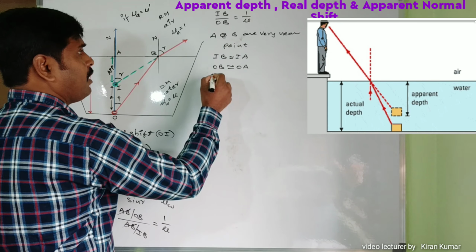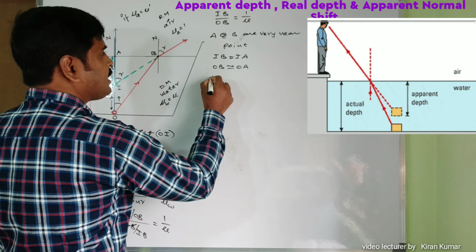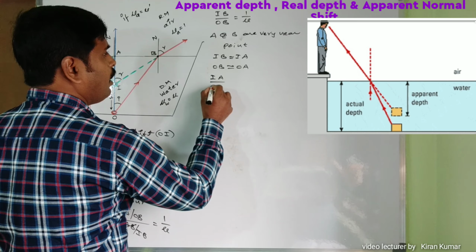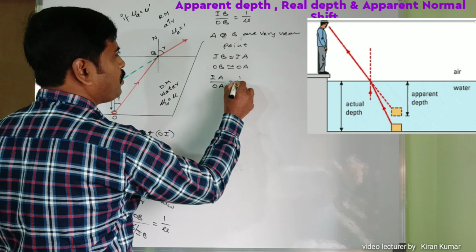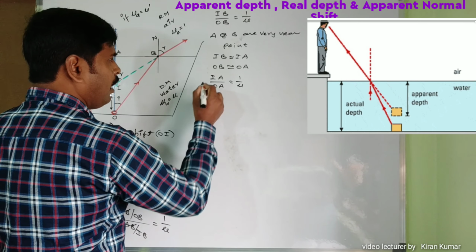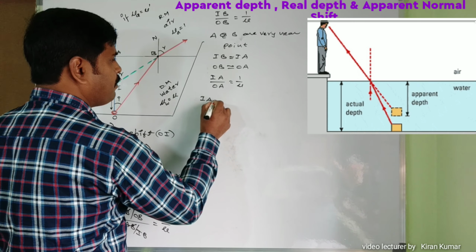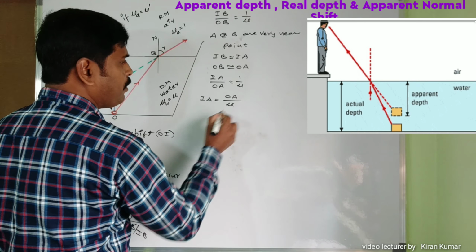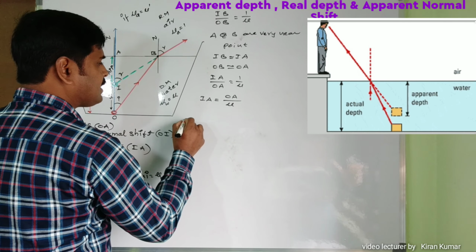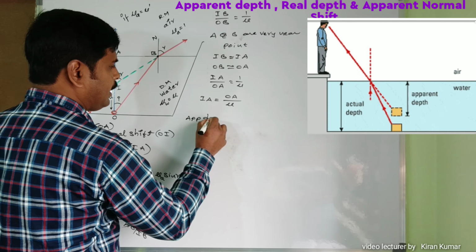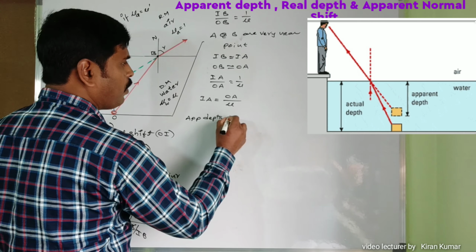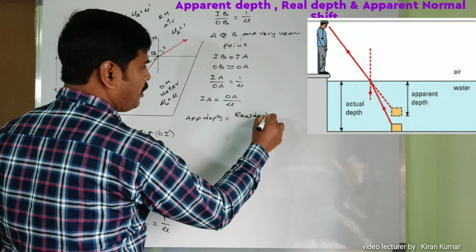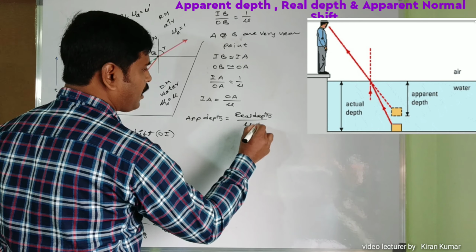Then IA divided by OA equals 1 by mu. Now IA equals OA divided by mu. So IA, the apparent depth, equals real depth divided by refractive index.